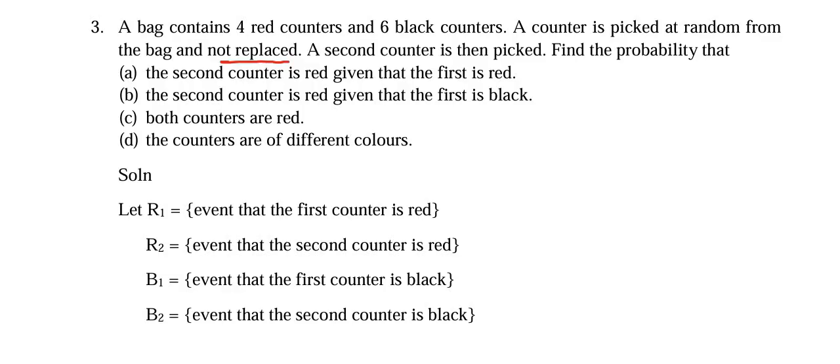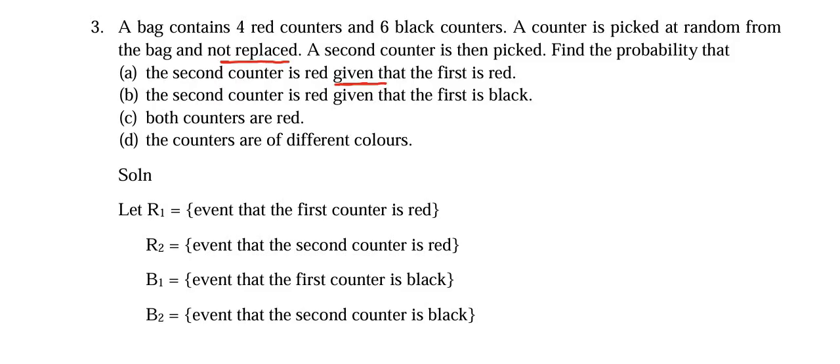A second counter is then picked. Find the probability that the second counter is red, given that the first one is red. Then the second counter is red, given that the first is black. Both counters are red. The counters are of different colors.